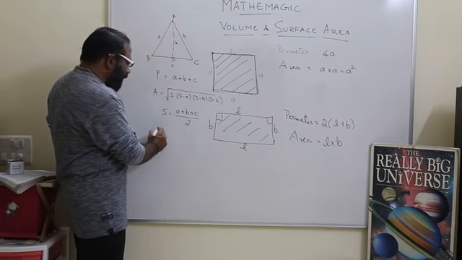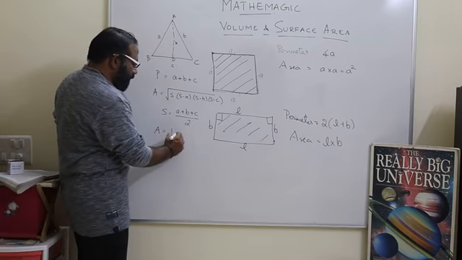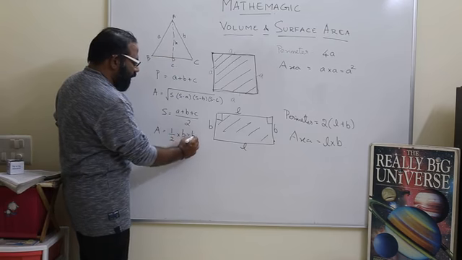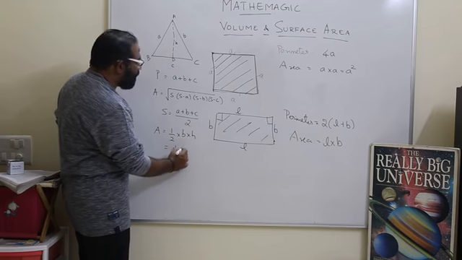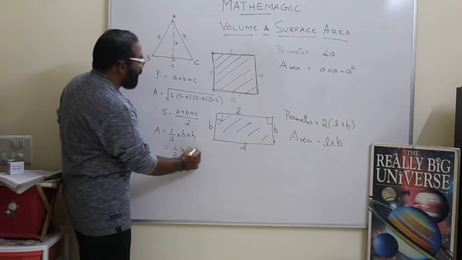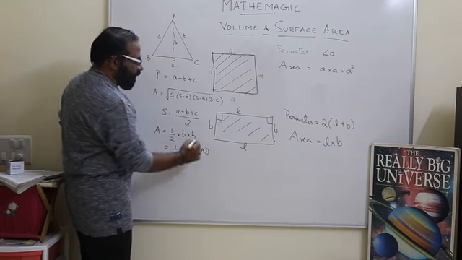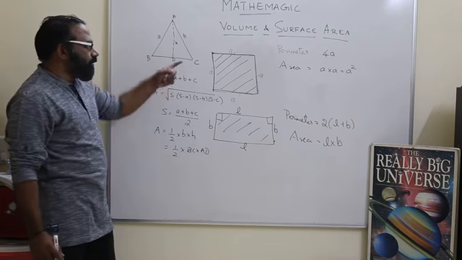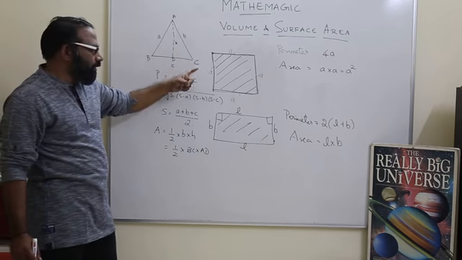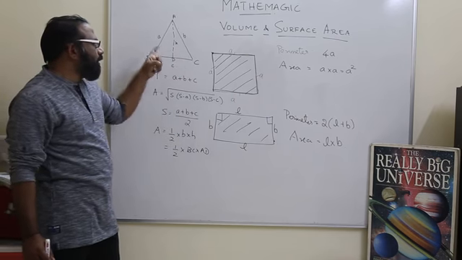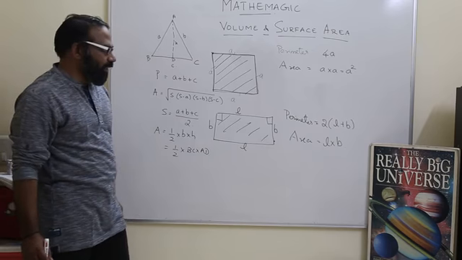So the area would be half into base into height, which is nothing but half into BC into AD. Okay, so we saw the square, the rectangle and the triangle.